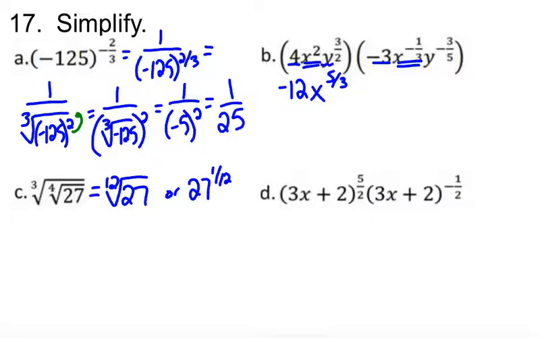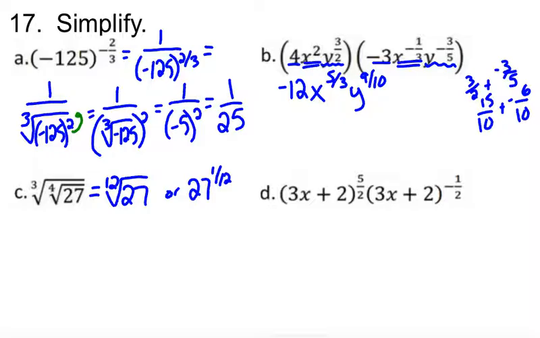And then I'm going to add these exponents. So y, let's see, I might have to do this one over here. 3/2 plus negative 3/5. I need common denominators. So 15. So 9/10. Is that right? I think so. 15 minus 6 is 9. Yeah, 9/10. Okay.